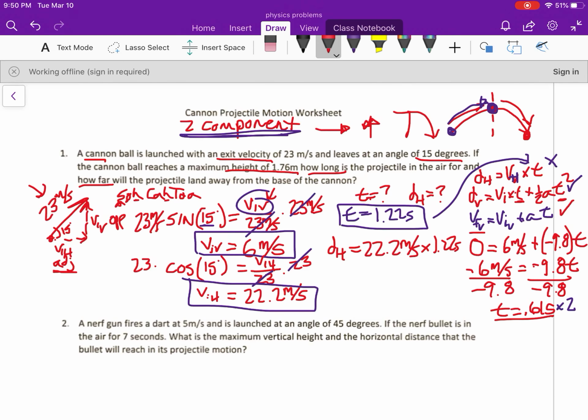And when I do that, 22.2 times 1.22 gets me a horizontal distance of 27 meters. So DH equals 27 meters. All right, 0.61 times 2. Yep. Okay, so that's my answer for part 1.